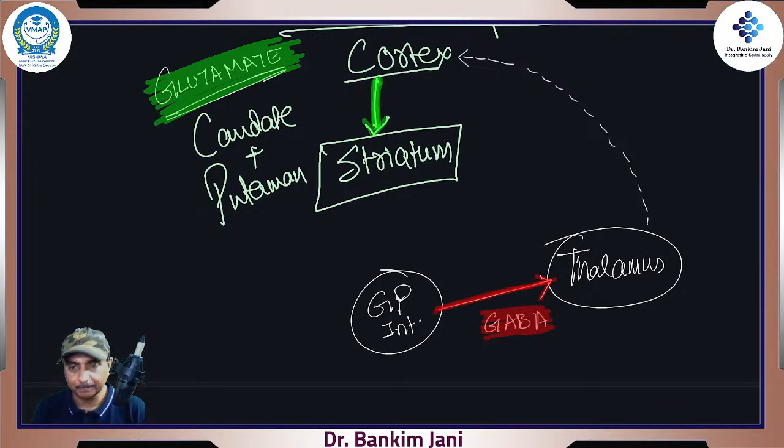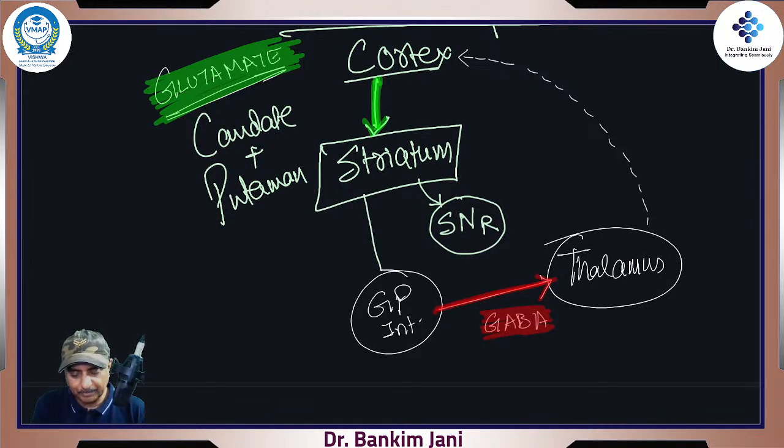It will stop it. Meantime, it is not only the globus pallidus internal. Substantia nigra reticulata, right? There are two parts of it. So this is substantia nigra reticulata. He is also the brother of globus pallidus internus. He is also doing the same thing, but the only difference is he is doing the fine work, modulation.